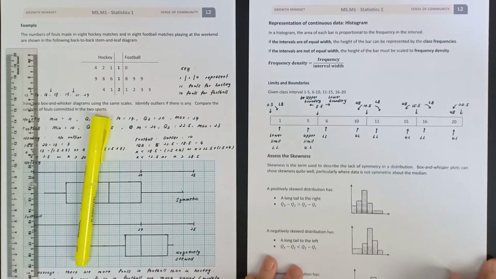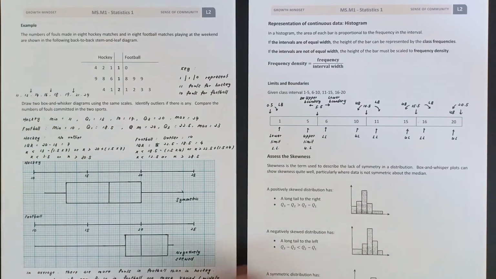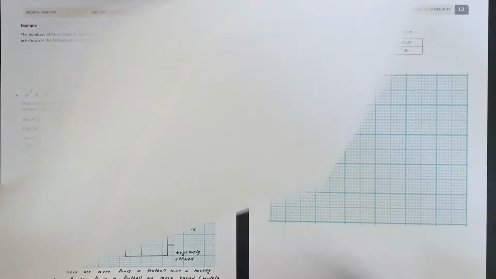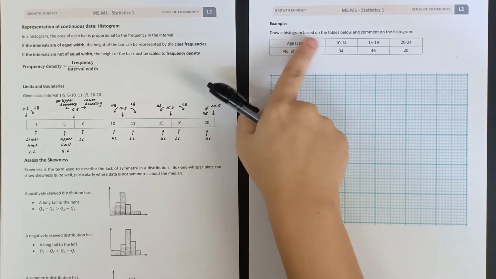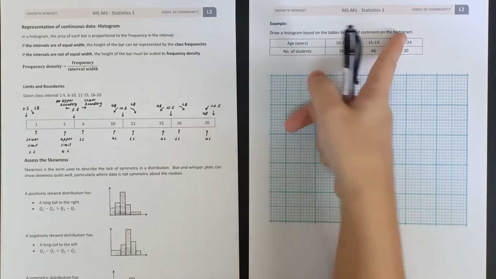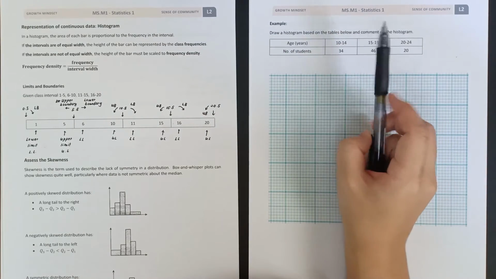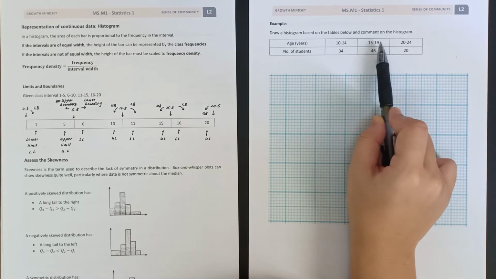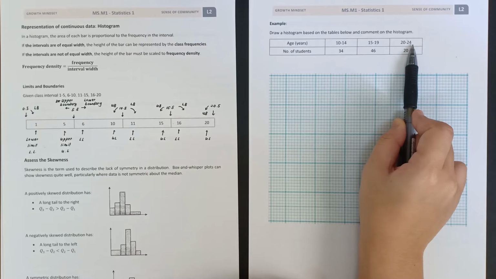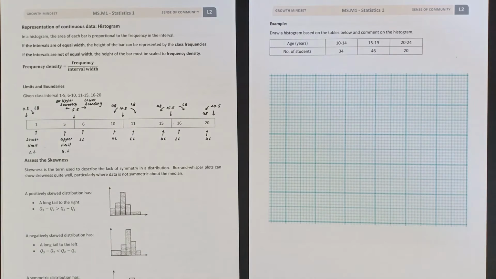So now we are going to move on to how to draw a histogram. This is going to be quite an easy one, so we'll just go through it together. Draw a histogram based on the table below and comment on the histogram. What you can see is 10 to 14, 15 to 19, 20 to 24. So maybe we find out the lower boundary and upper boundary first.